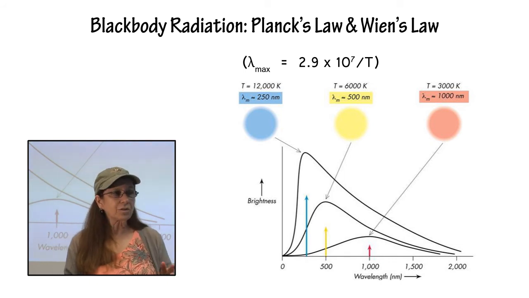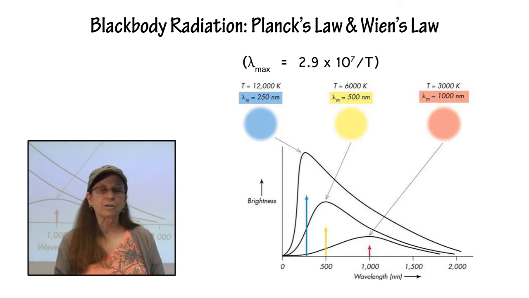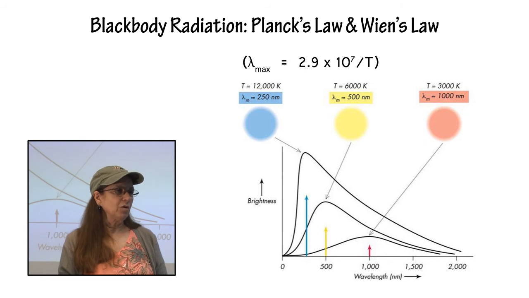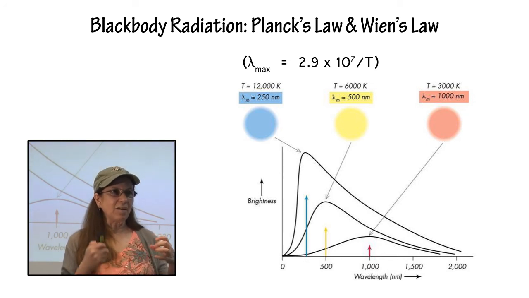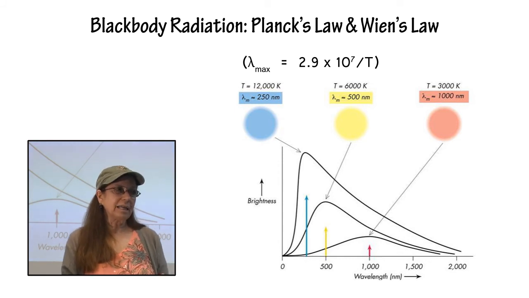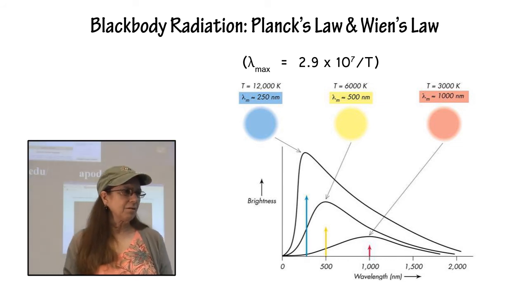And then the cooler star, its peak wavelength is 1,000 nanometers. That puts it in the infrared part of the spectrum, so we would not see its maximum wavelength visually. So that's blackbody radiation, Planck's law, and Wien's law, which you should have an understanding of.